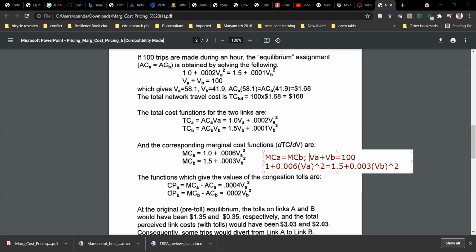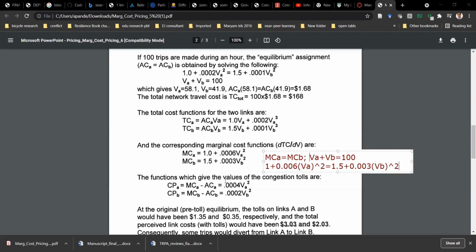In that scenario, the perceived cost of the drivers will be CPA plus ACA, which will be equal to their marginal cost. Same thing on route B, the perceived cost will be CPB plus ACB, which is equal to the marginal cost as well. If you solve for that, you end up with a congestion price CPA of 0.004 VA squared, and CPB equal to 0.002 VB squared.